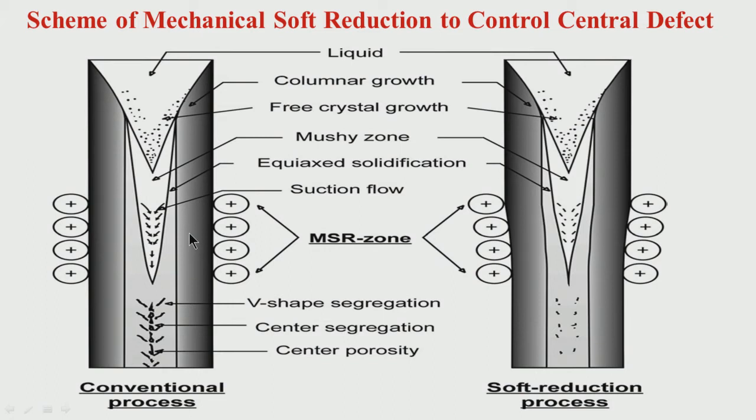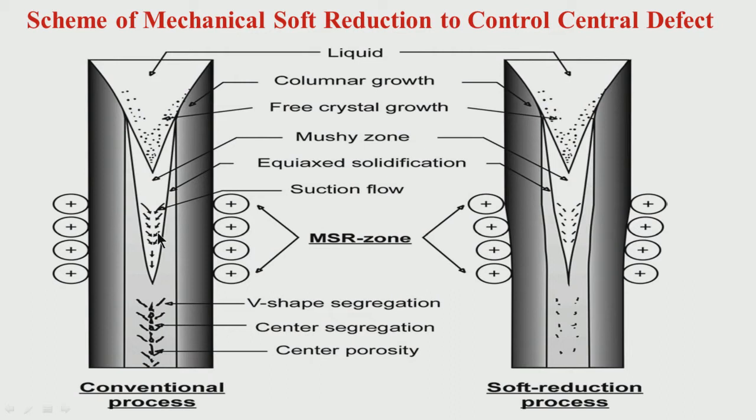The strand has started from the mold, it has come out of the mold, the solidification front is slowly increasing and finally reaching the center point. The area where the final solidification is taking place is very important, because in that zone you are likely to have segregation and crack.